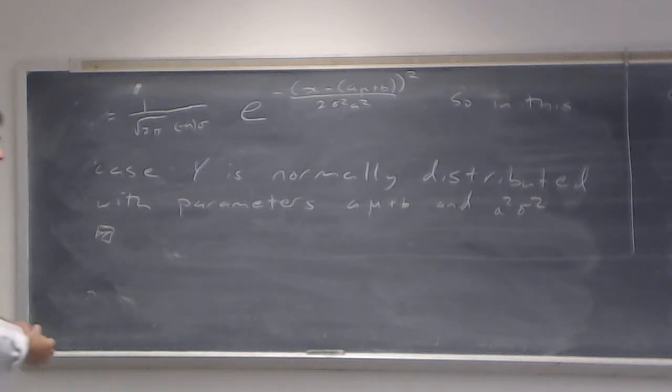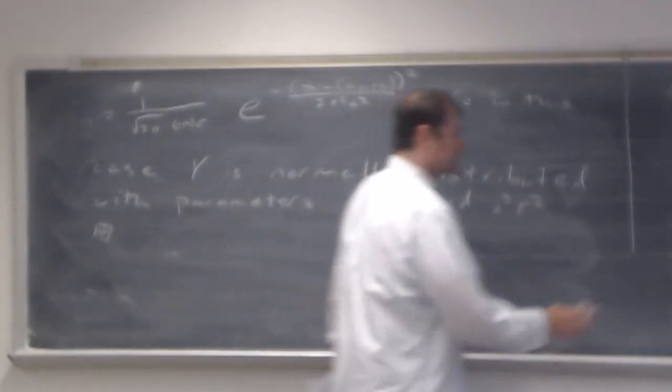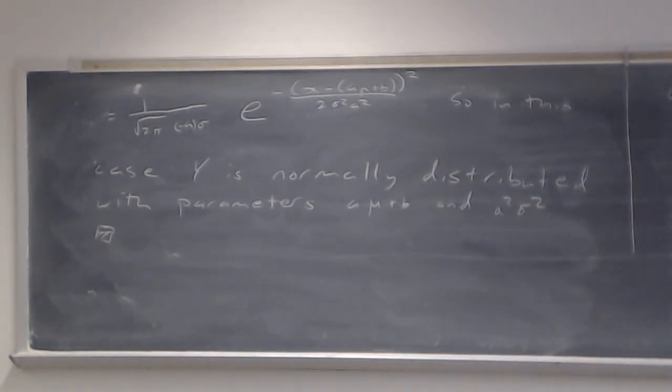Next thing I want to do is define a particular type of normal random variable called the standard normal.